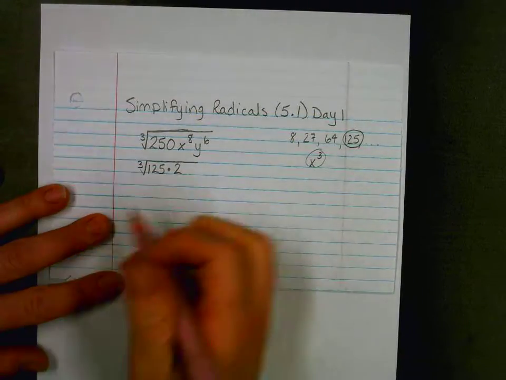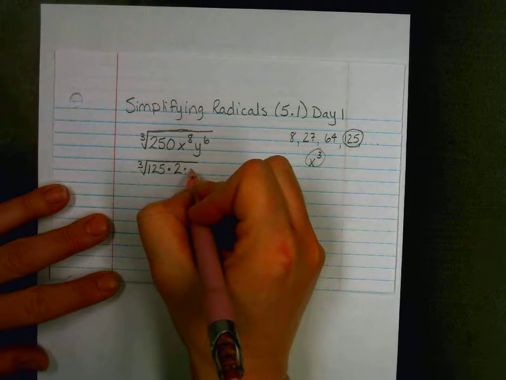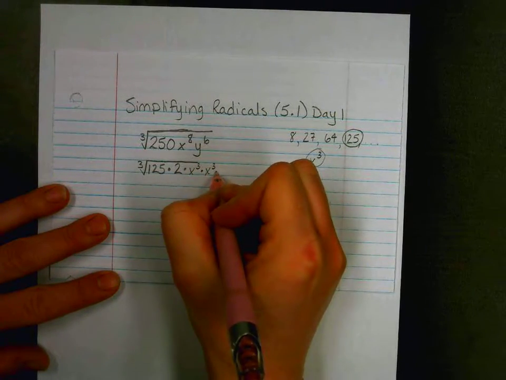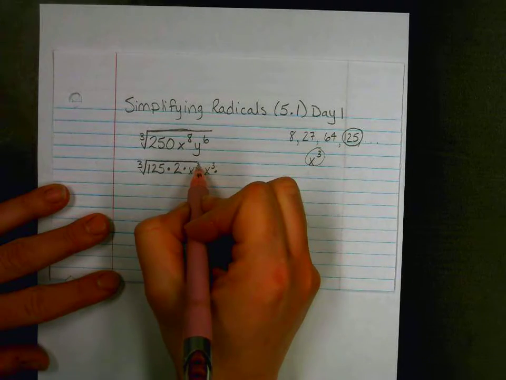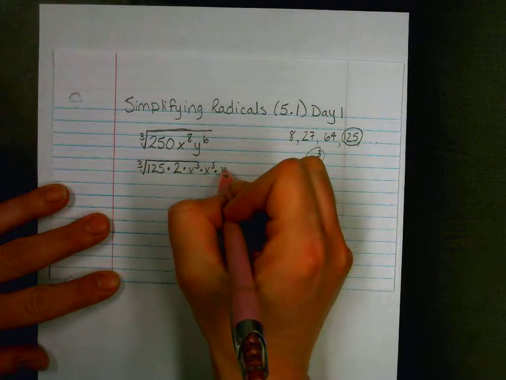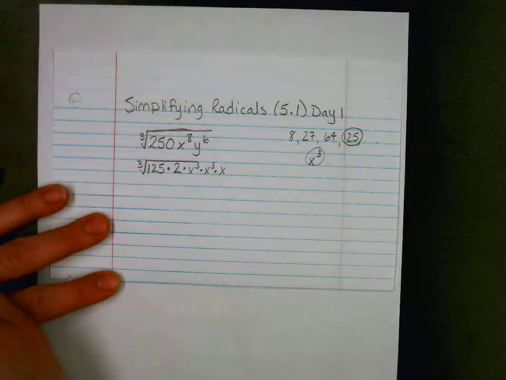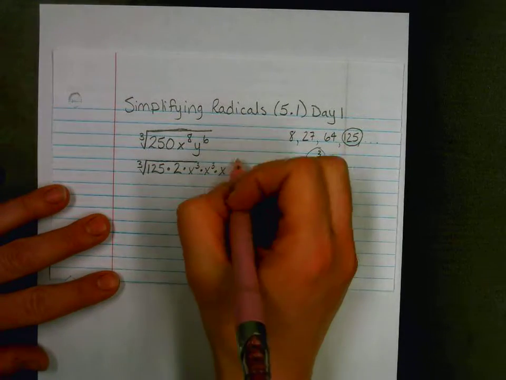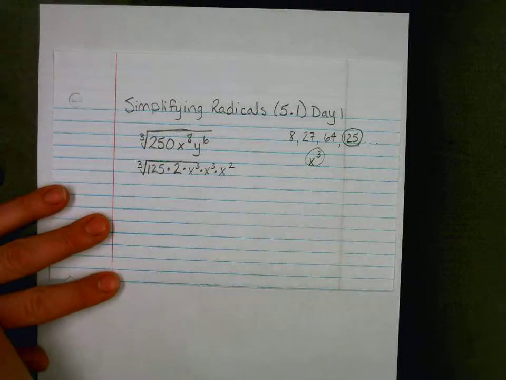So I'm going to write this as a product of x cubed times x cubed times, remember these exponents need to add to this exponent that I originally had. Well, 3 plus 3 plus 2 remaining would be x to the power of 8.